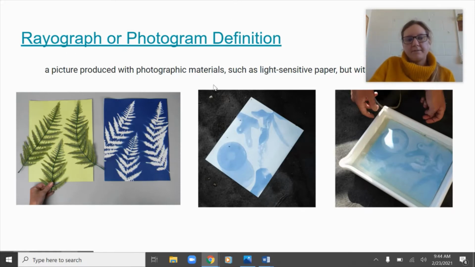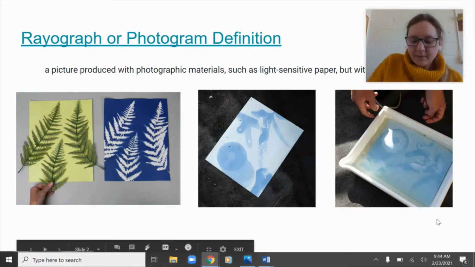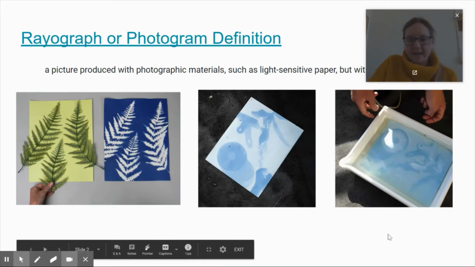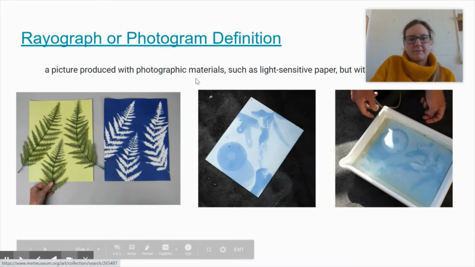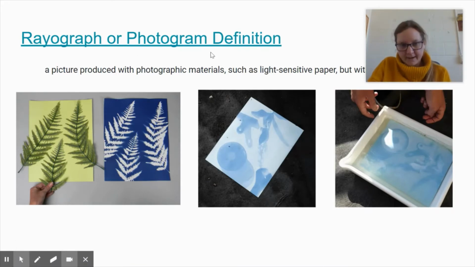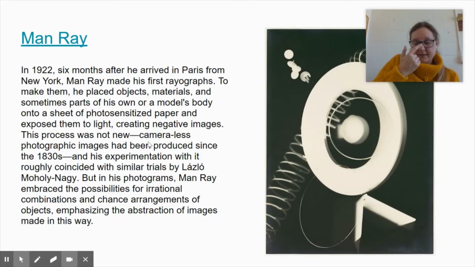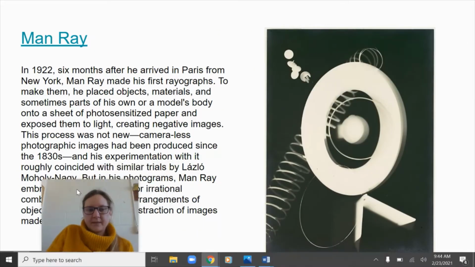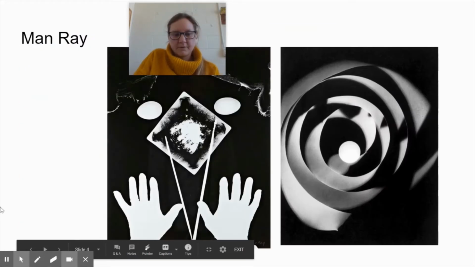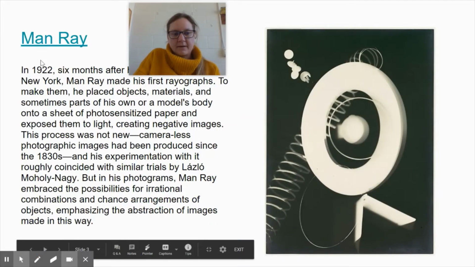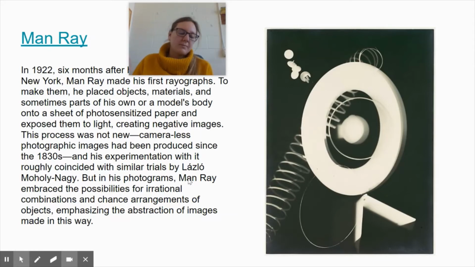The rayograph was defined by a man named Man Ray. But the generic word for this process is photogram. Rayograph is because his name is Man Ray. Here are some examples of Man Ray's work, and he worked closely with other photographers around 1922. As you can imagine, photography up until this point was all about realism.